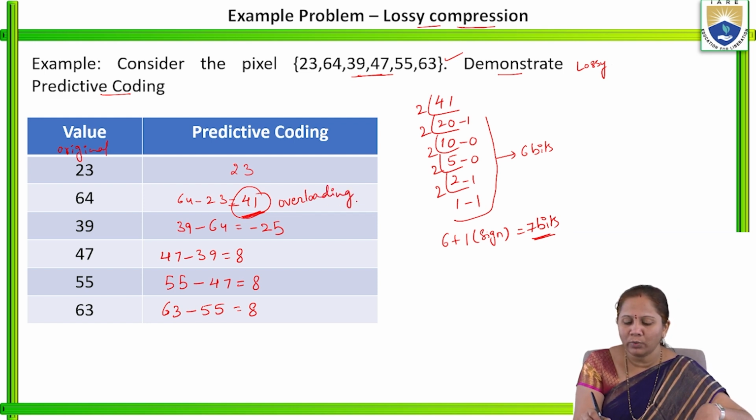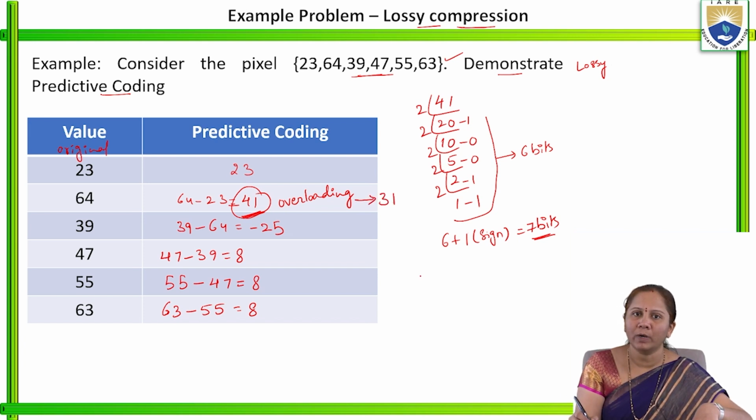Due to this overloading, let this 41 be reduced to 31. Why? Because here we are using 6 bits to represent. Let us reduce that and see whether it is possible to represent with 5 bits. The maximum value to represent using 5 bits is 31.